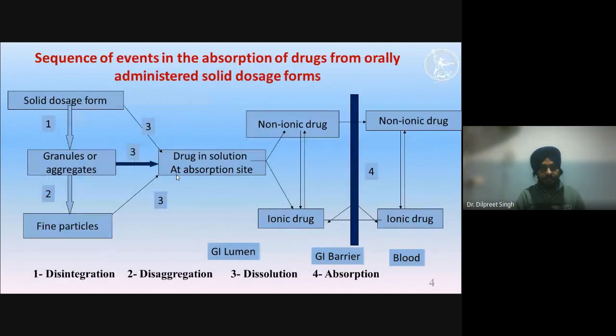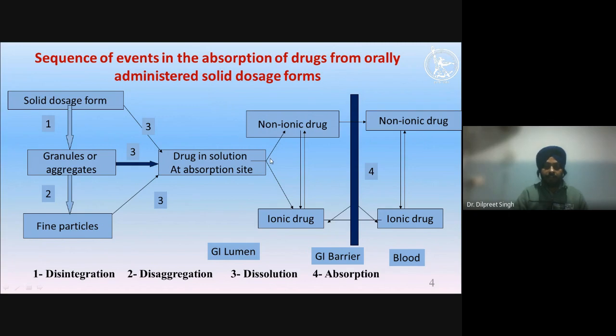This is a collection of the events in the absorption of the drug from an orally administered dosage form. When we take the drug orally, granules or aggregates are formed during disintegration, and during dissolution, fine particles are observed in solution form. The drug goes to the absorptive site in solution form, and biological lipids and phospholipids convert the ionic drug to the non-ionic state.